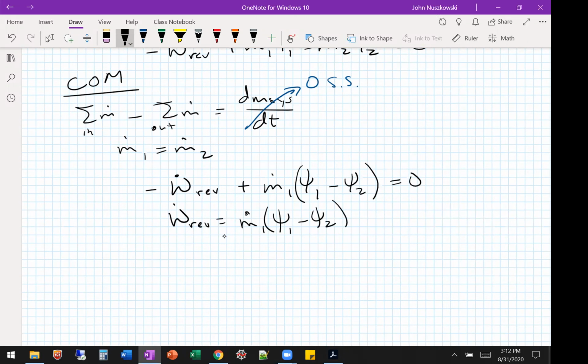So we have then mass flow rate, right? It was given to us, so then we can do our flow exergy here, right? That's what's unknown.